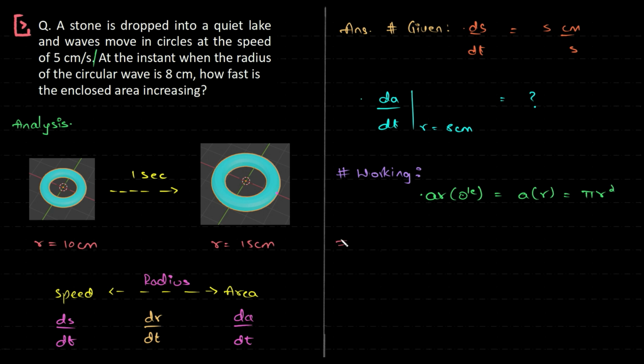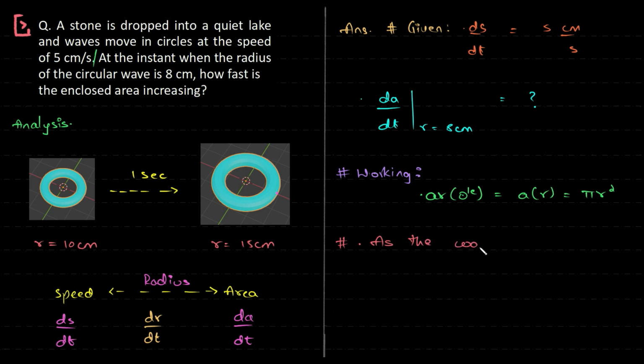Now how will we figure out dr by dt? This is the only formula that links all of this, right? There's nothing else. But how to make use of the speed? Think over. As I mentioned earlier, it is nothing but your dr by dt. Both are one and the same.